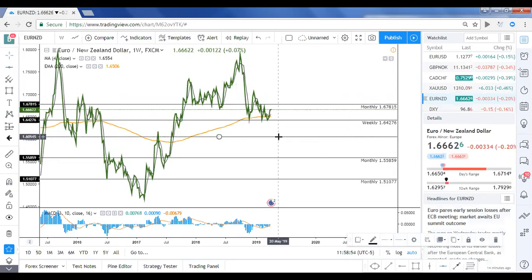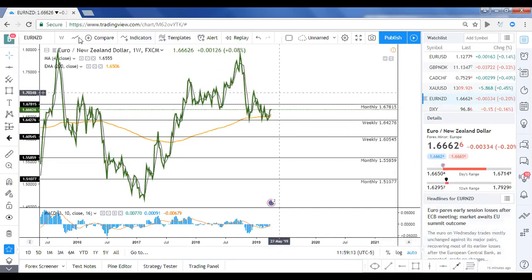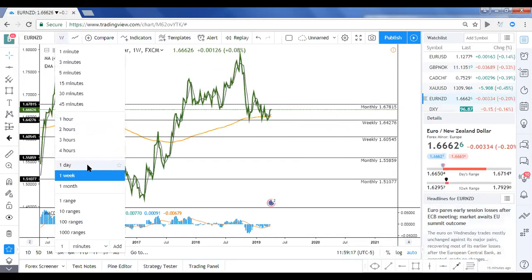So I can do another weekly right here. Right, and that weekly is at 160,545, right? And so those are our key levels for monthly and weekly, right? You see how I'm kind of graphing this chart up?